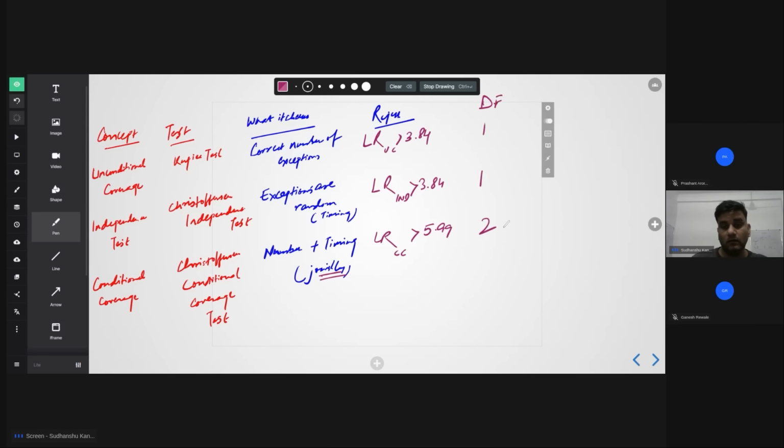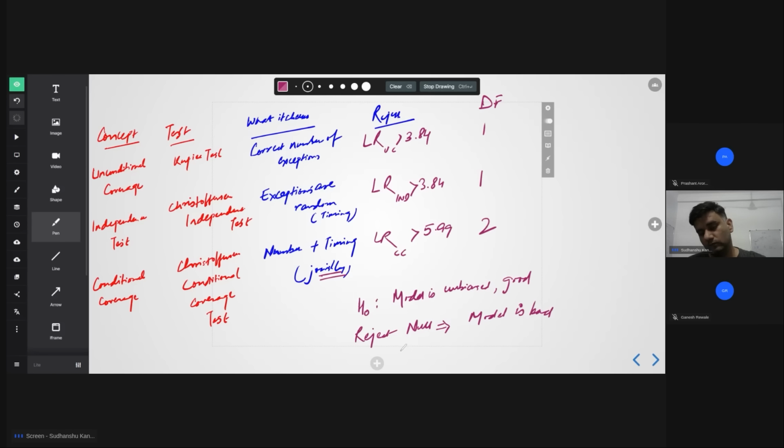What is your null here? The null is that the model is unbiased, meaning good. If you reject the null, the model is bad.